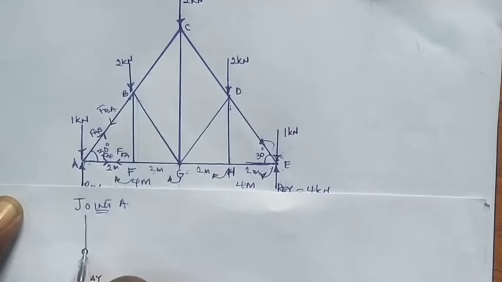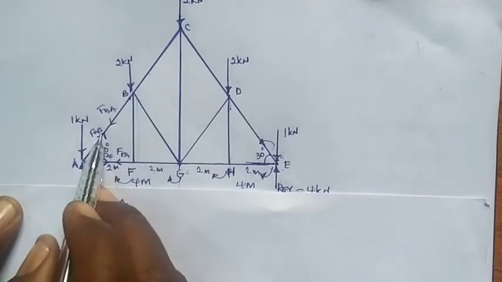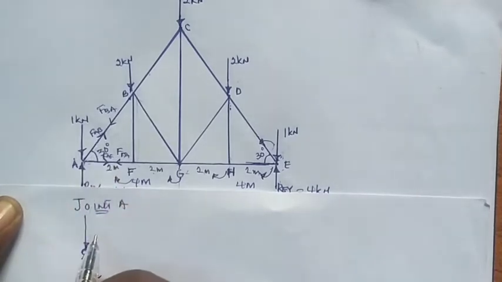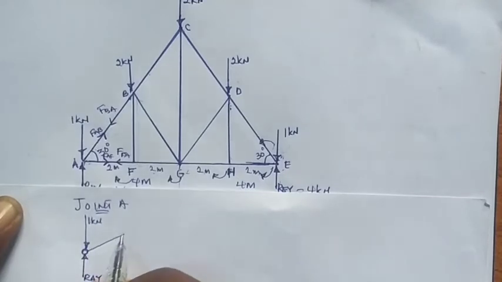Then this point 2 facing down, which is 1 kilonewton. They will have the force going to direction, and that will be going outward, and that will be FAB. Then this guy coming here like this, and that will be FAF.